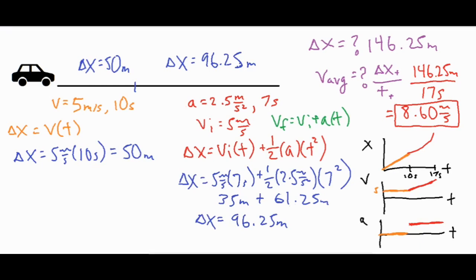And anytime you want an average velocity for an entire trip, you can always use the total displacement divided by the total time. Make sure you sum everything up and divide, and that left us with an average velocity of 8.60 meters per second. And then we went ahead and graphed each of those types of motion with the position, velocity, and acceleration time graphs.